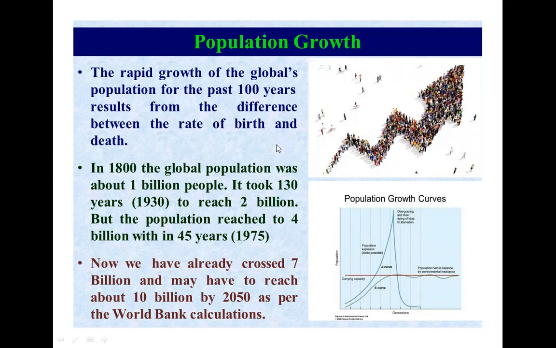But the population reached 4 billion within 45 years, that is, by 1975. Now we have already crossed 7 billion and may reach about 10 billion by 2050, as per World Bank calculations.